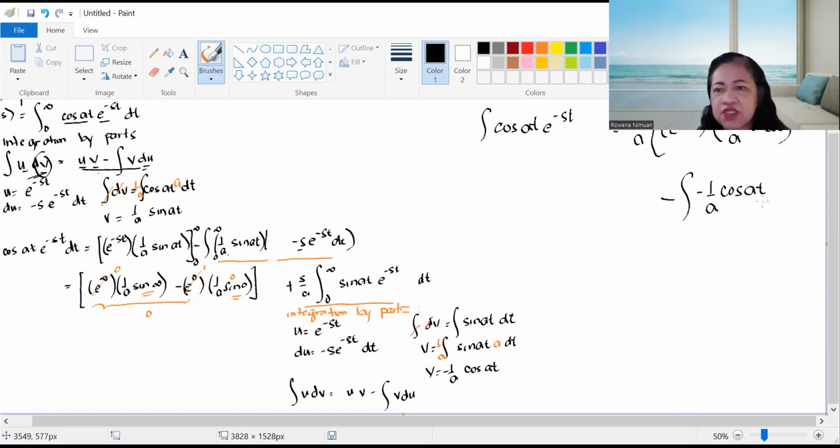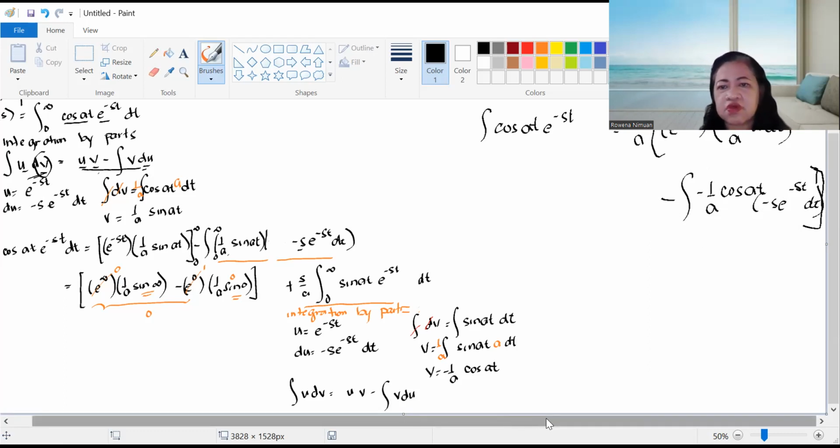My du is negative s e to the negative st dt. Okay, so this now becomes this here, and I still have to adjust this.